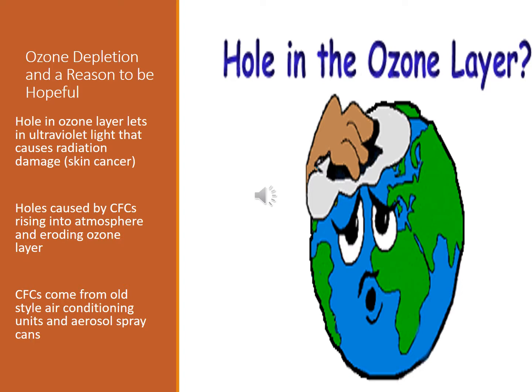These CFCs would go up into the atmosphere and they would literally eat away the ozone layer and allow more ultraviolet light to penetrate the atmosphere and reach the Earth's surface, where it would cause things like skin cancer, skin damage, damaged plants, and damage to other forms of life that were susceptible to intense amounts of ultraviolet radiation.